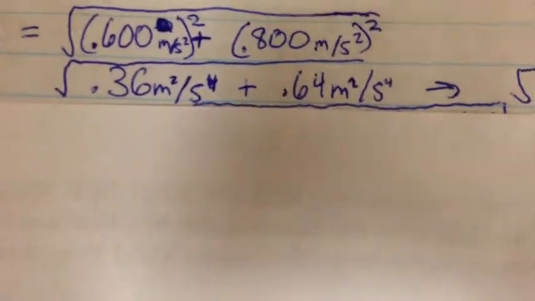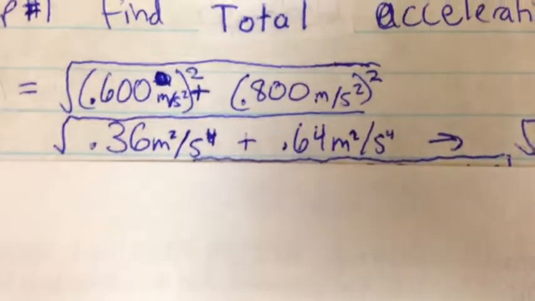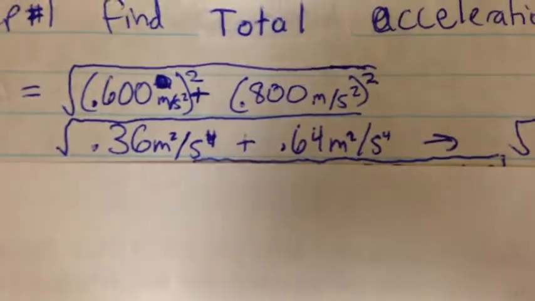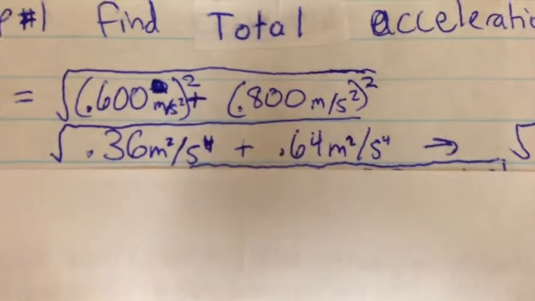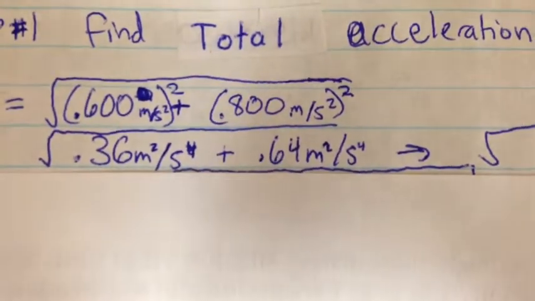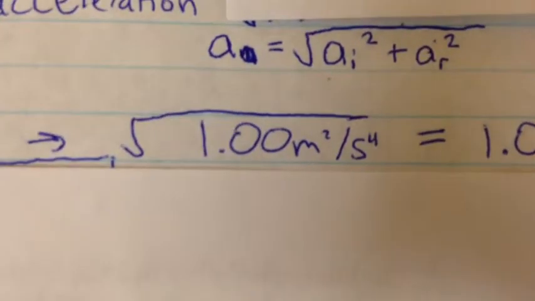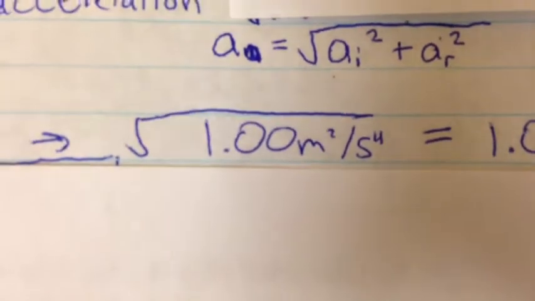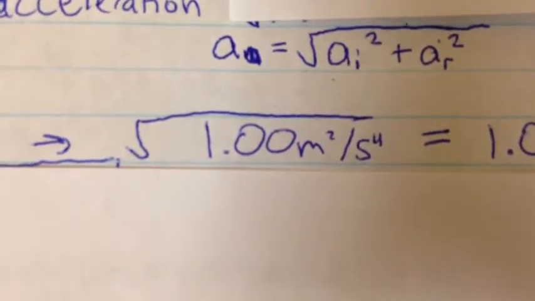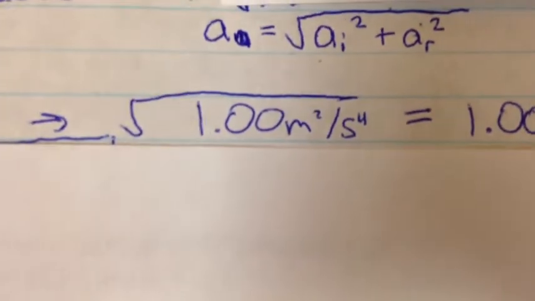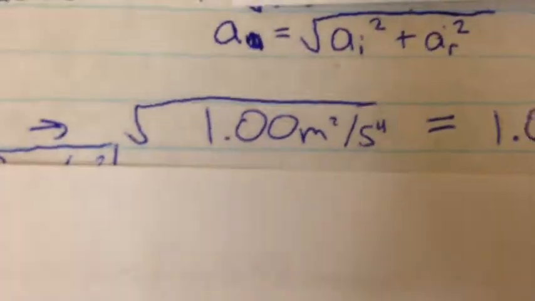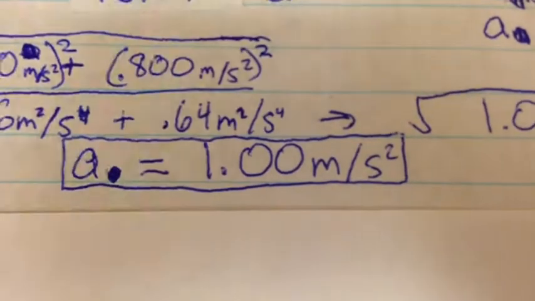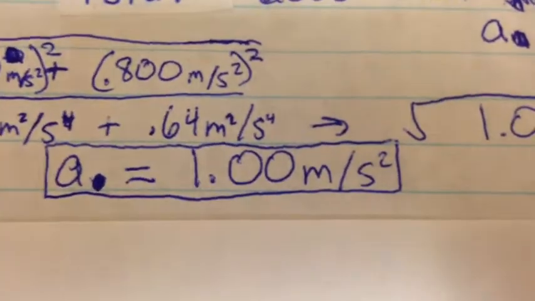Simplifying this brings us to 0.36 meters squared per second to the fourth plus 0.64 meters squared over seconds to the fourth. Adding them together gives us 1.00 meters squared per second to the fourth. And finally, square rooting that, the total acceleration is 1.00 meters per second squared.